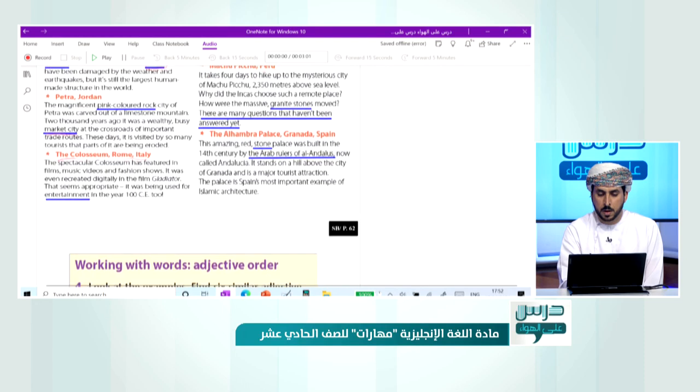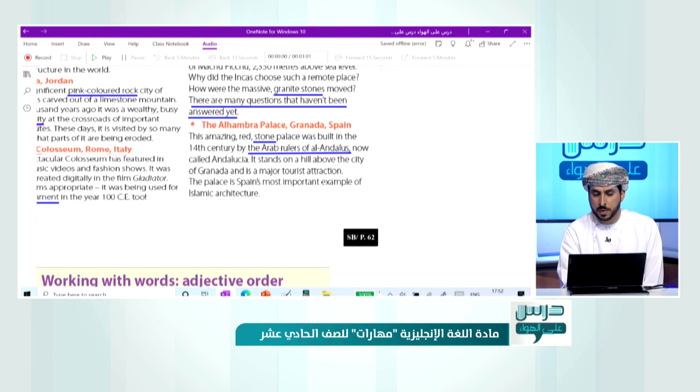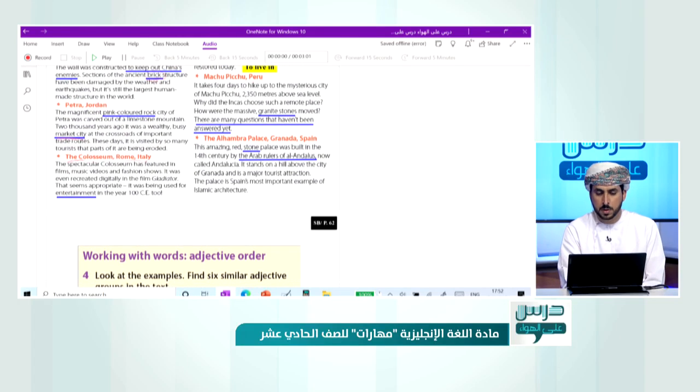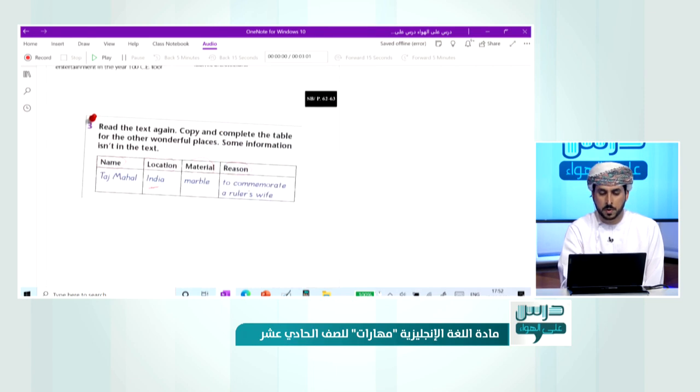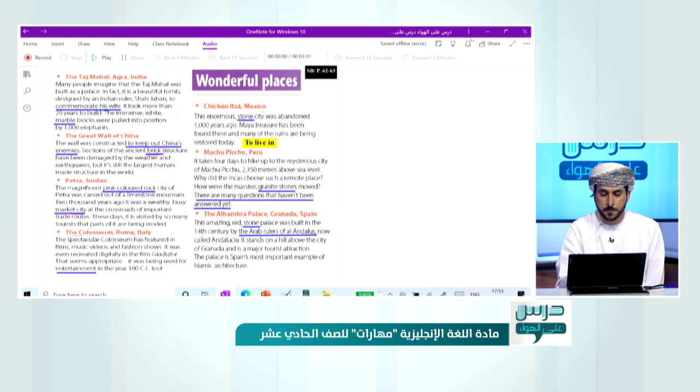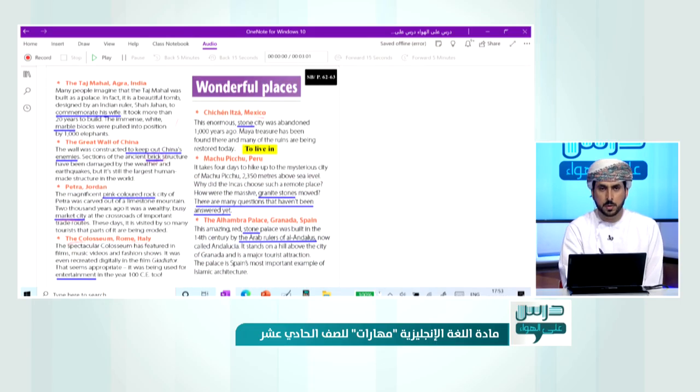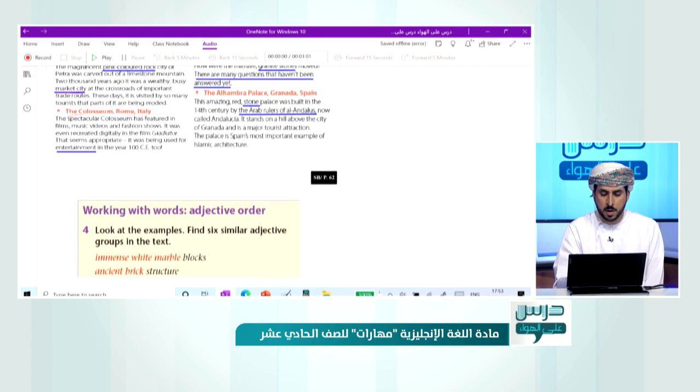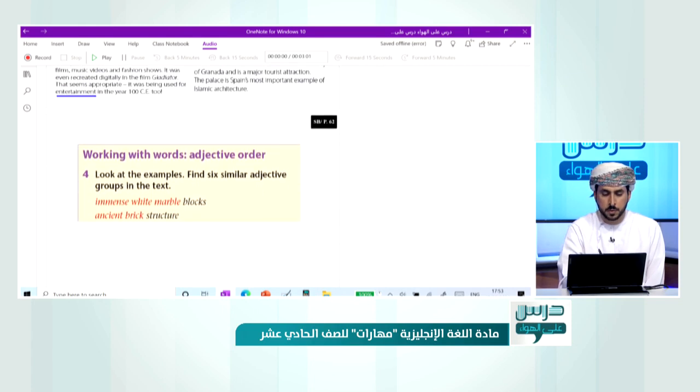And Alhambra Palace, Granada, Spain, it was built of stone and it was a palace for the Arab rulers of Al-Andalus. Okay, so these are the answers to the question that we have here. I want you to draw a table like this and write the answers from the text as it is shown here for you.